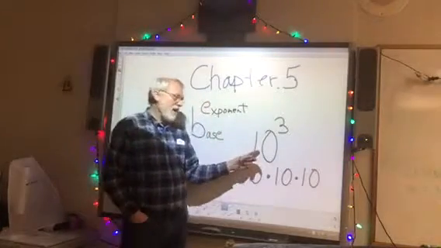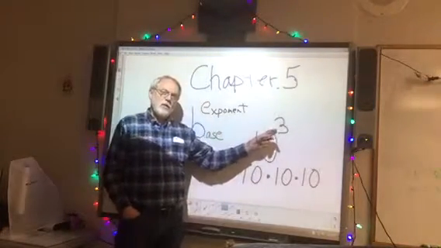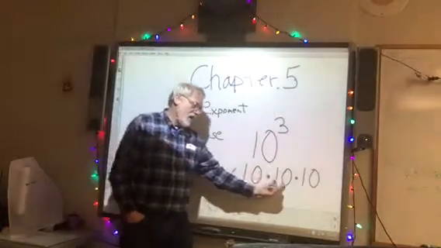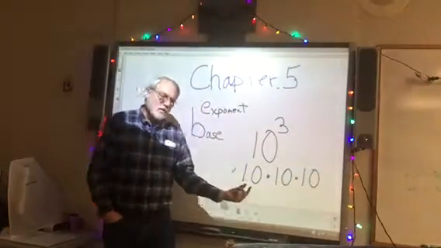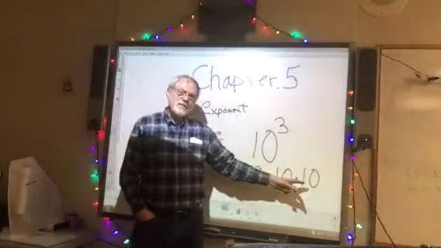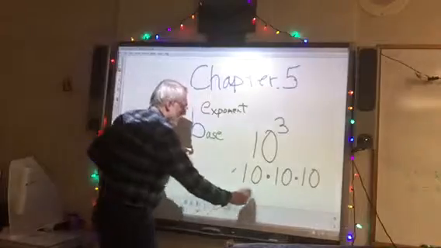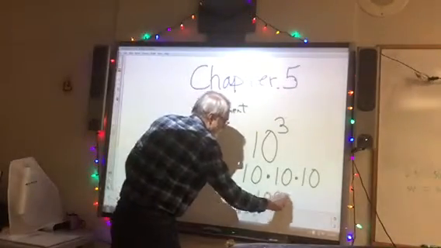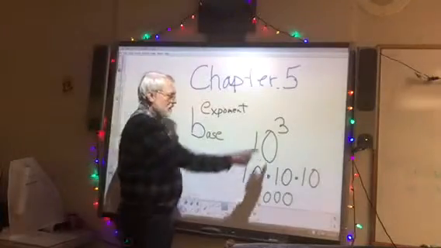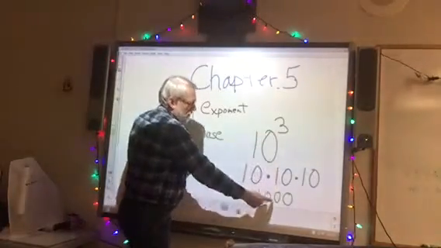So when we say 10 to the third power, what we really mean is that we're going to use 10 3 times as a factor. Namely, 10 times 10 times 10, or 1,000. Powers of 10 are easy. That just tells you how many zeros there are.